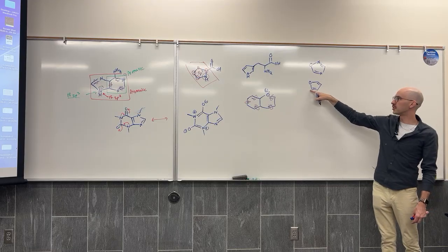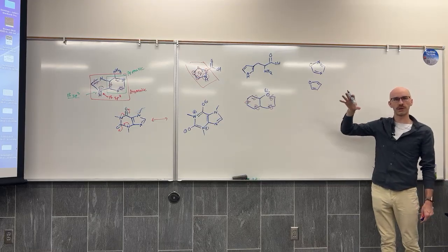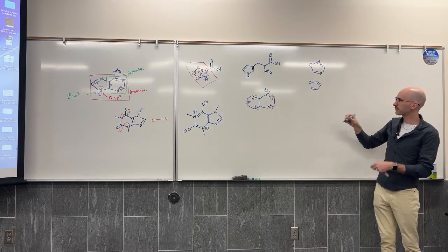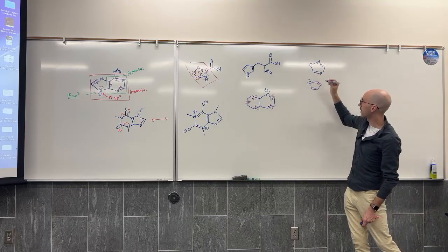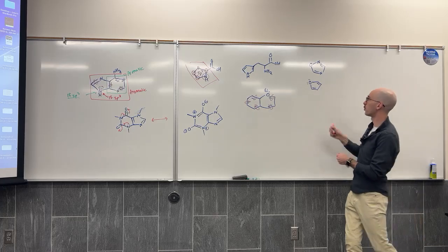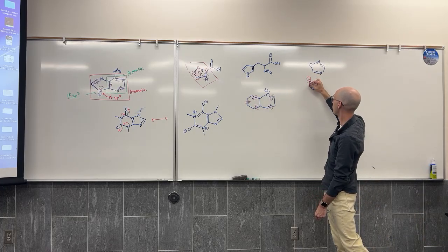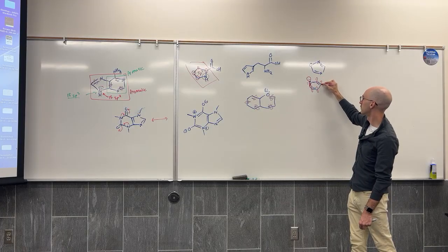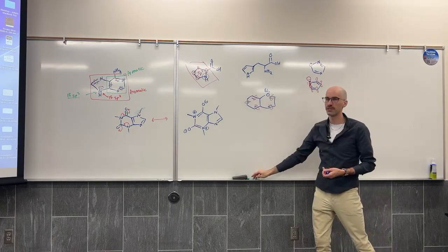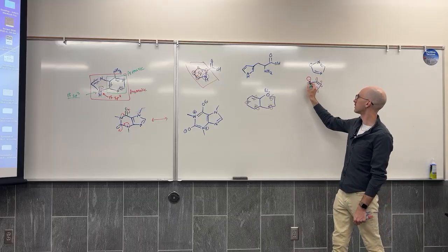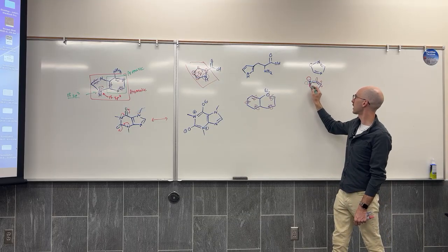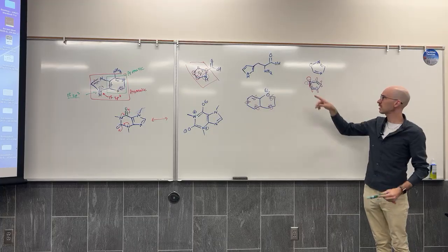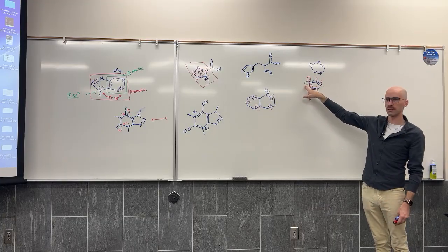So if you've ever used THF or seen it on your reactions as a solvent, this is its big brother, furan. We looked at furan yesterday, and we said that furan will keep one of its lone pairs in a p orbital so that it has a full pi system. And one of its lone pairs sits in a hybridized orbital, the same type of hybridized orbital used to make all of its sigma bonding. A delocalized lone pair and a localized lone pair.